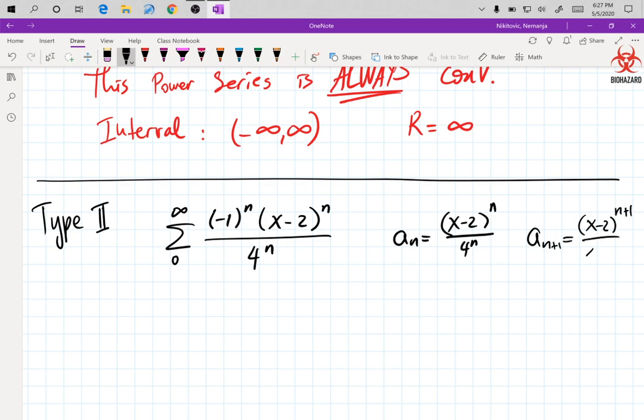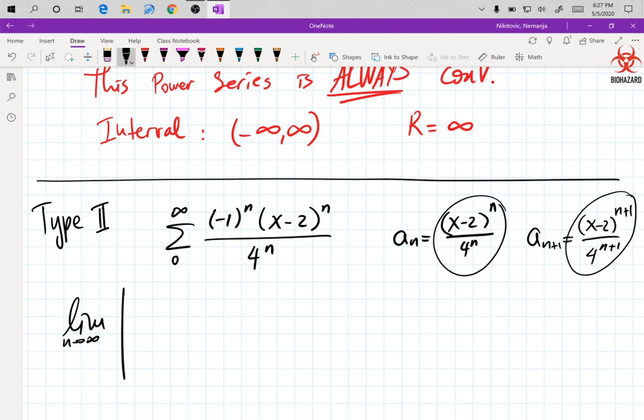So all of these now are going to be increased by 1 for a_(n+1). We immediately go and do the ratio test, with absolute value. And if you are visual, divide this by that, right?